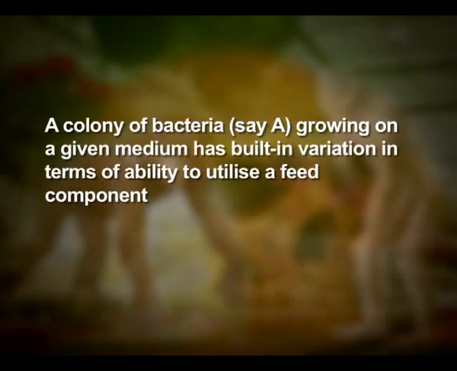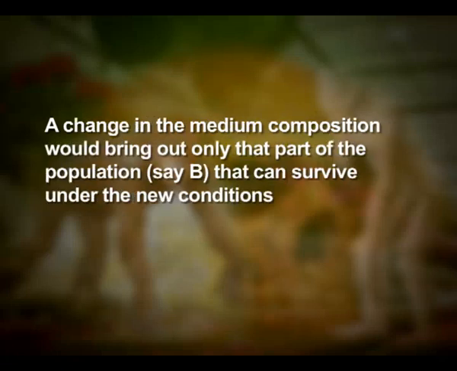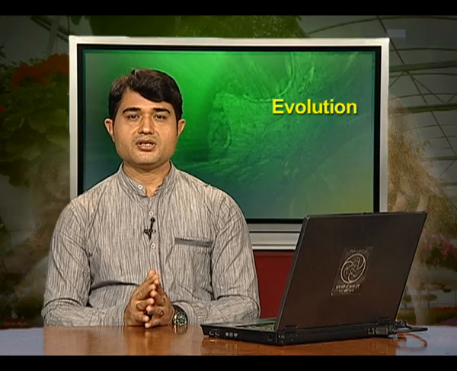A colony of bacteria, say for example A, growing on a medium, has built-in variation in terms of ability to utilize a feed component. A change in the medium composition would bring out only that part of the population, say for example B, that can survive under the new conditions. In due course of time, this variant population outgrows the others and appears as a new species.